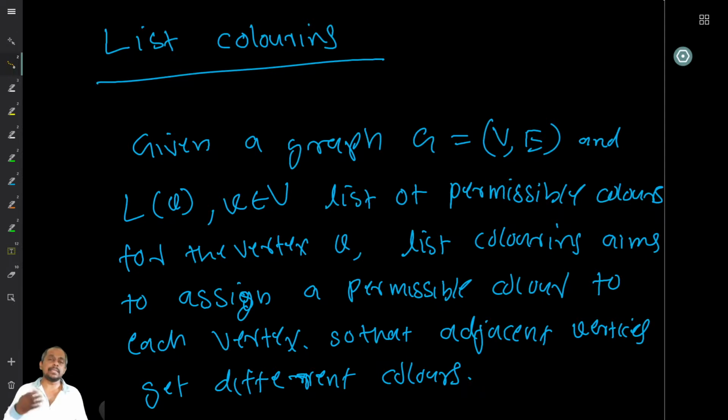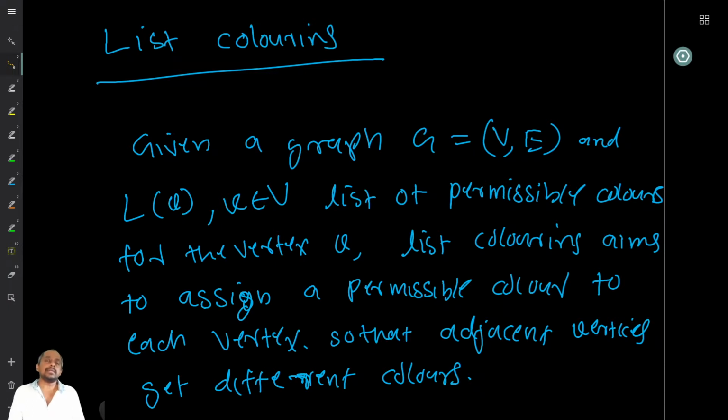So once you start with the set 1 to k, I am basically saying that every vertex has any of these colors available, right? I give the set 1 to k to all the vertices and say that, okay, color using one of these colors. So this is called the vertex coloring.